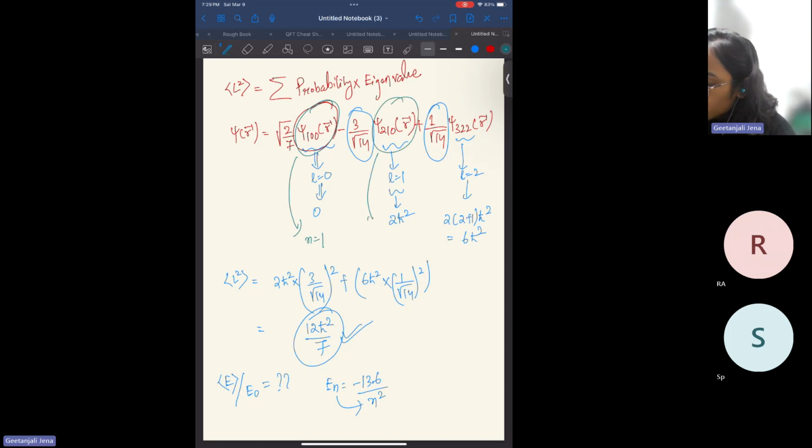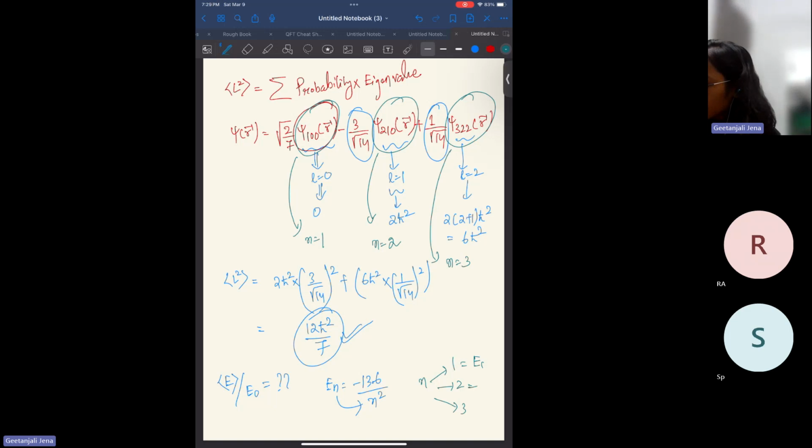For this state, n is 2. For this state, n is 3. So we have n equal to 1, 2 and 3. That means we will get 3 different energies, which are E1, E2, E3.